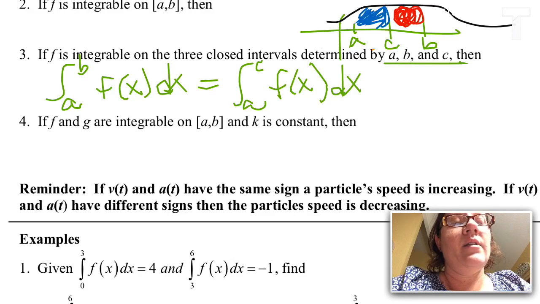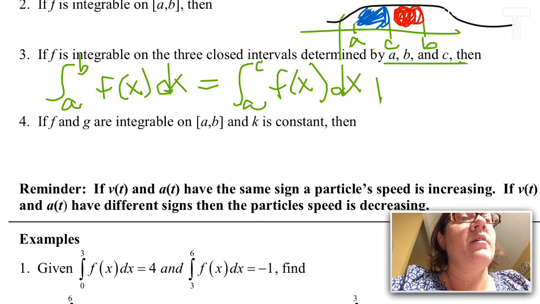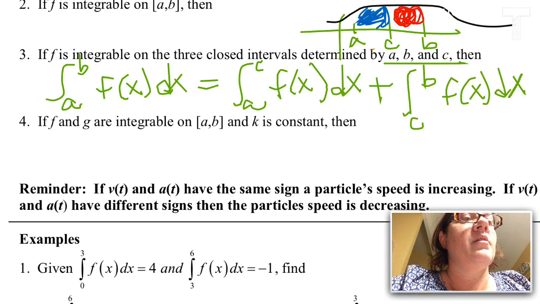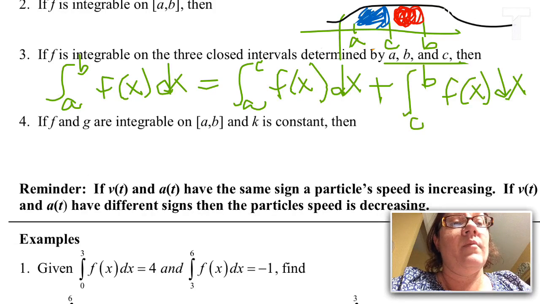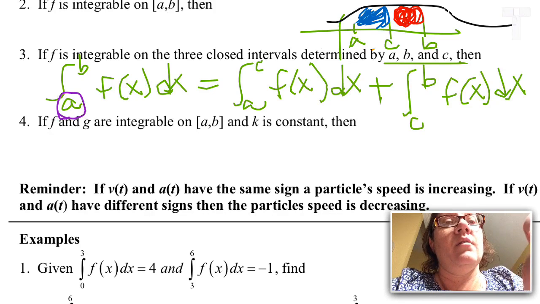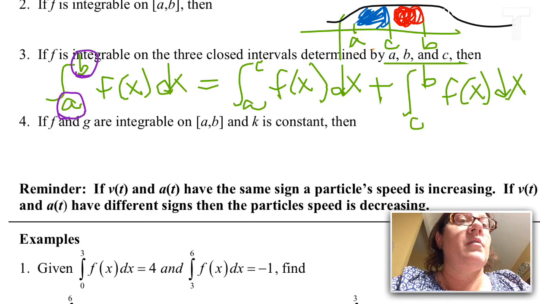It should make sense then that I could add those two areas to get the entire area from a to b. So I did the a to c part, that's all of this.